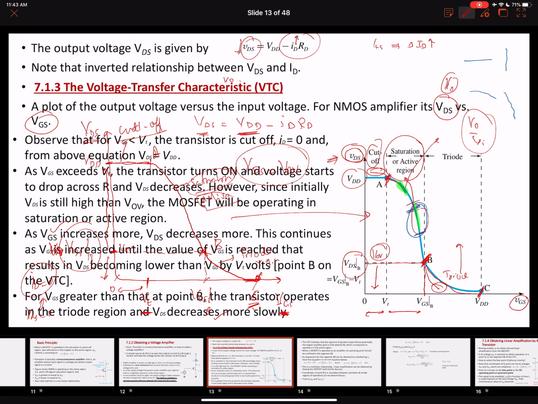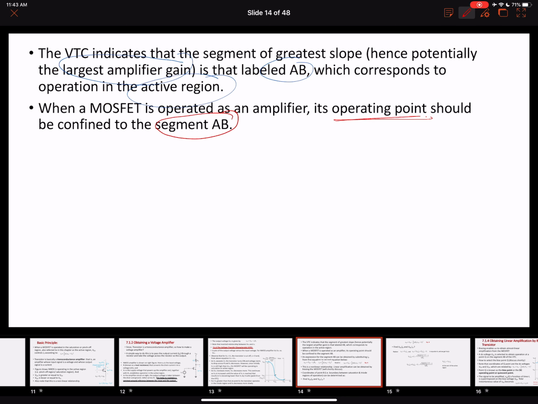This is what is known as selecting a bias point or operating point or quiescent point. We are going to discuss that in sufficient detail in the subsequent lecture, and my earlier sentence will become more clear. How do we select a bias point or operating point of a transistor on this saturation region of the voltage transfer characteristics? Its operating point should remain in the segment A and B, so that our output will not go into the cutoff or the triode region.